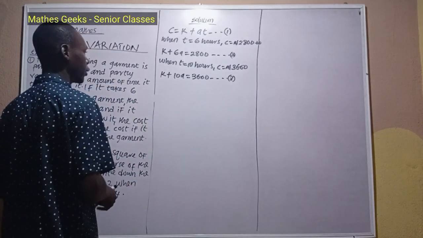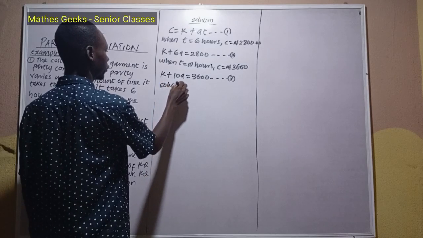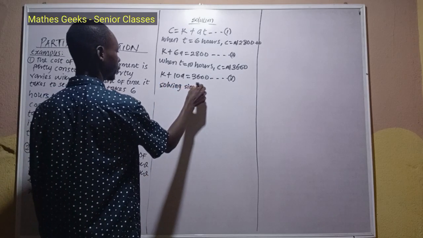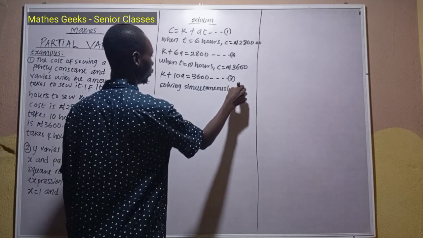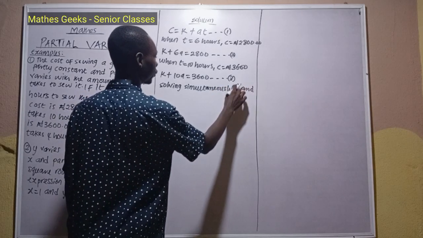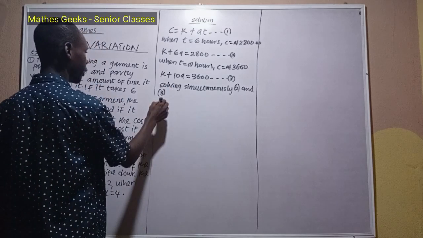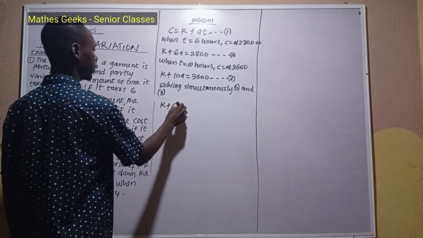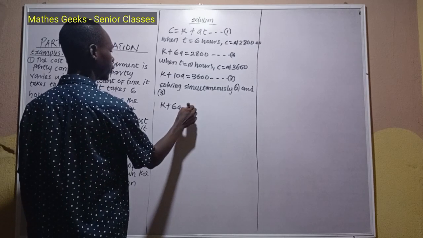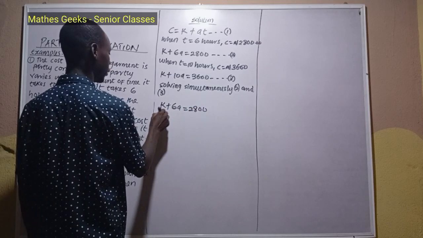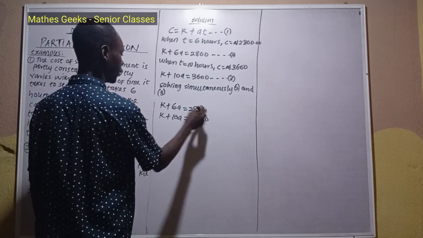We're going to solve equations 2 and 3 simultaneously. That is, k plus 6a is equal to 2,800, and k plus 10a is equal to 3,600.